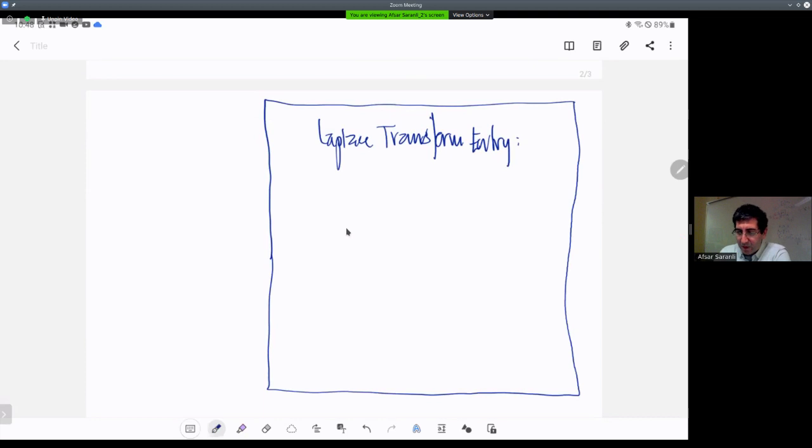Okay, so we have 1 over s e to the minus k square root of s corresponds to a time function.